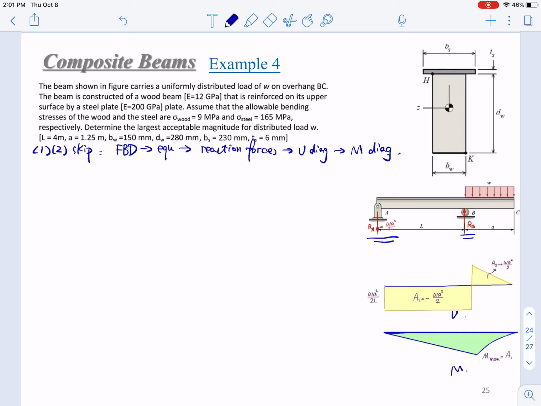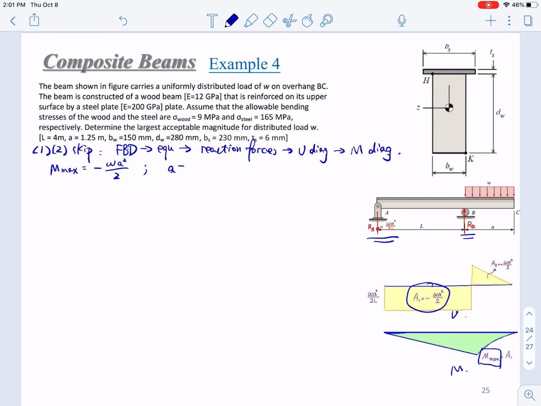So we have determined that the maximum bending moment equals this area. It is negative W a squared over 2.